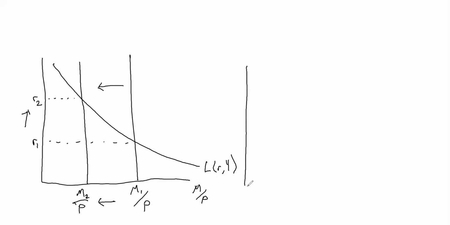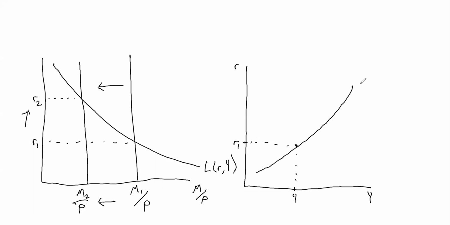So we can take that over here to our LM curve. And so we were initially at interest rate R1 with this income level Y. And so we had an LM curve that looked something like this.